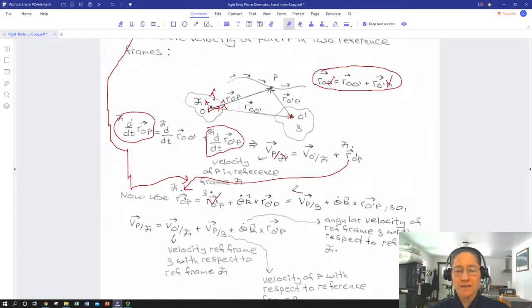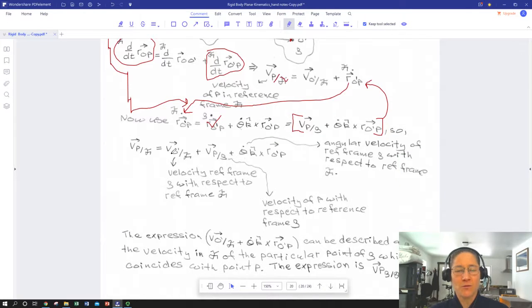So we're going to take this whole shebang, remember, was this term. So it's going to add on to our V O prime P and VP with respect to F. So we're rewriting it down here on another line.